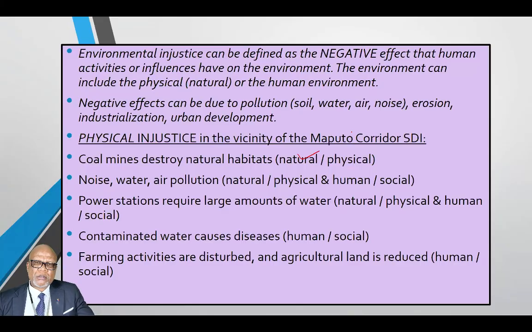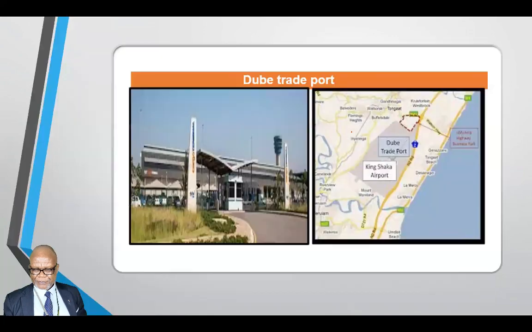We spoke about land degradation. We spoke about air pollution. So it is the very same factors. The environmental impacts caused by industries and the environmental impacts caused by the SDI and IDZ are all the same. You cannot have a difference there.